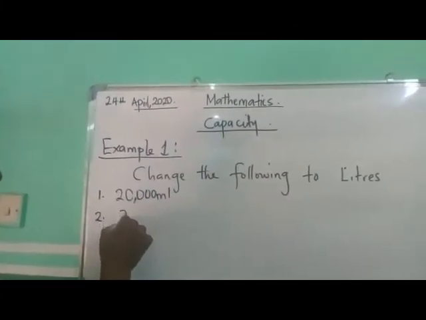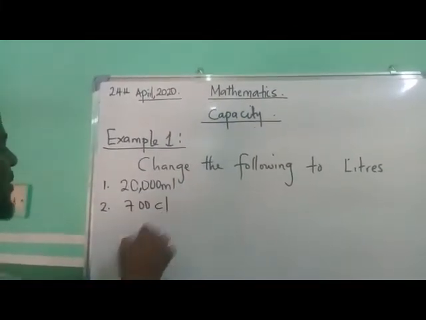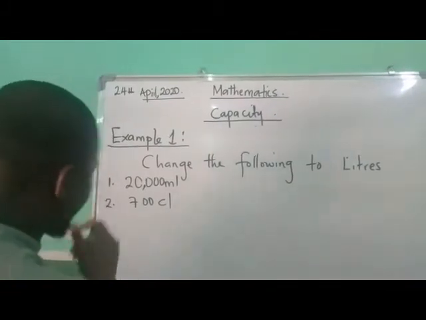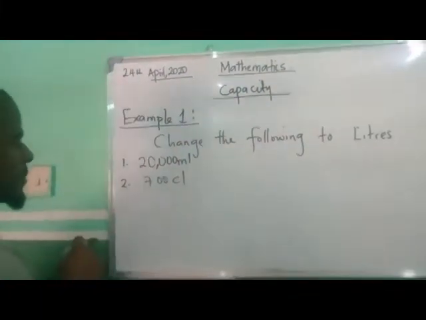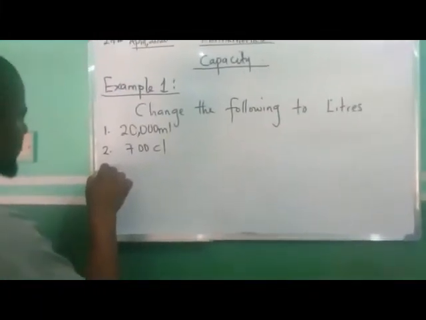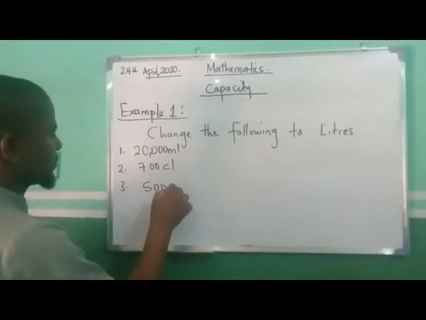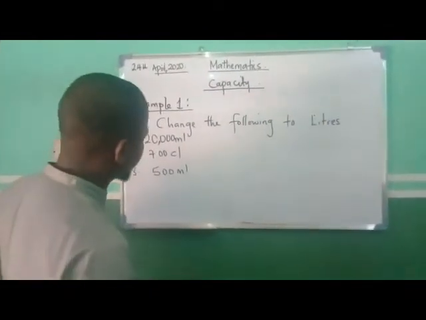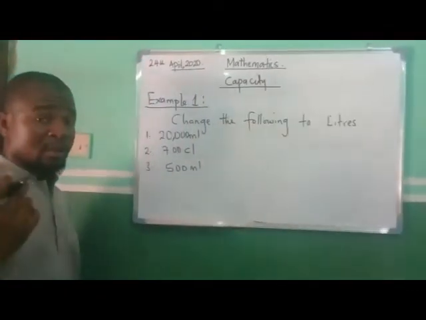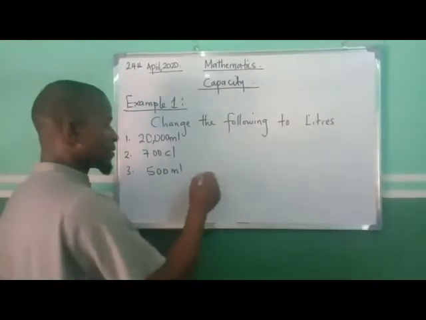Now we have 700 cl, and possibly the third one is 500 ml. So, if you look at it critically, let's see the solution to this problem.